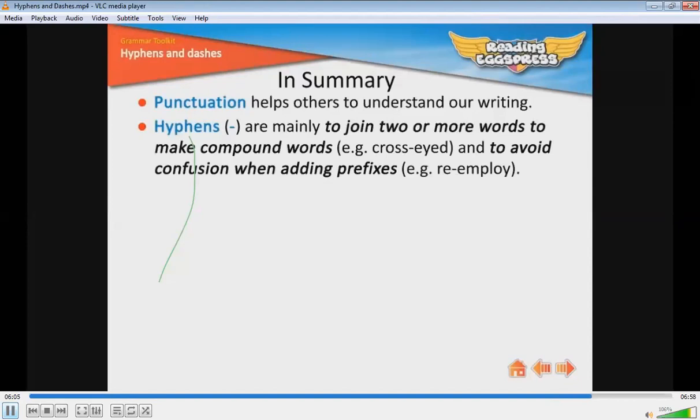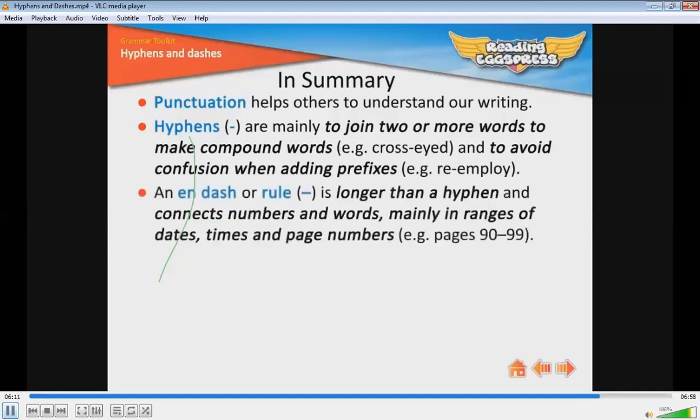For example, re-employ. An N dash or rule is longer than a hyphen and connects numbers and words, mainly in ranges of dates, times, and page numbers. For example, pages 90 to 99.